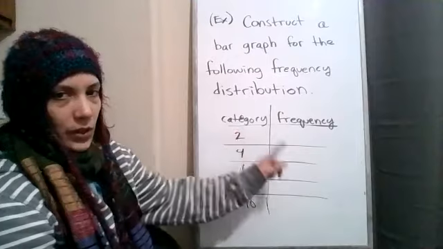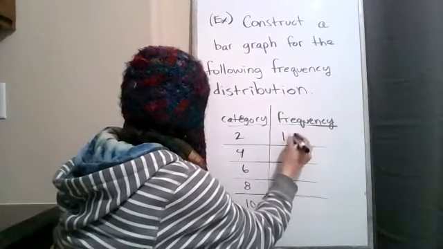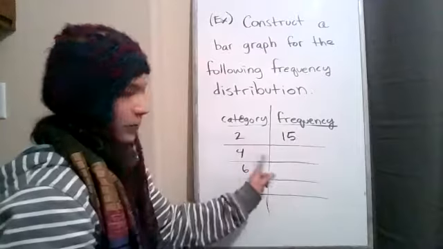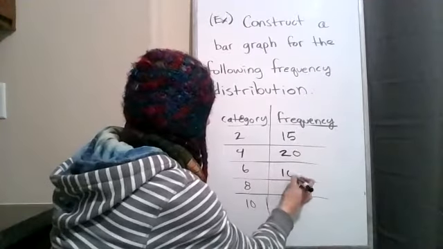So 2 occurred 15 times. For 4, we have the frequency 20. This one's 10. This one's 10.